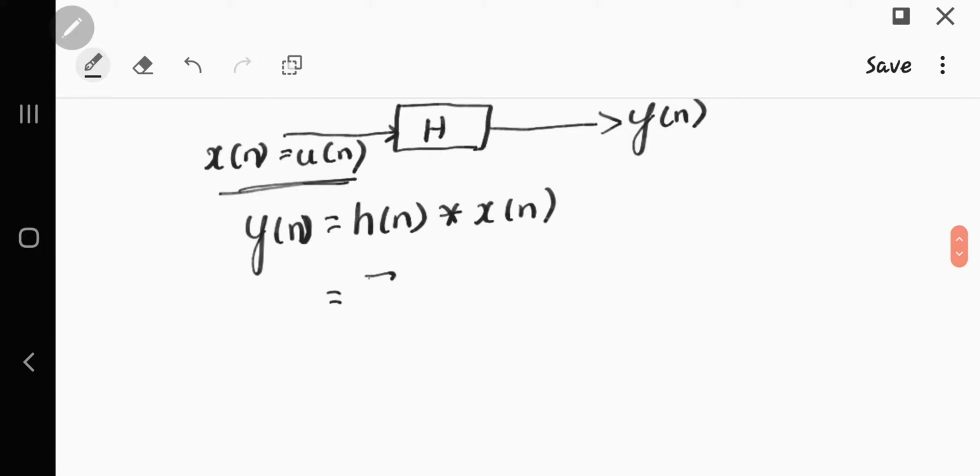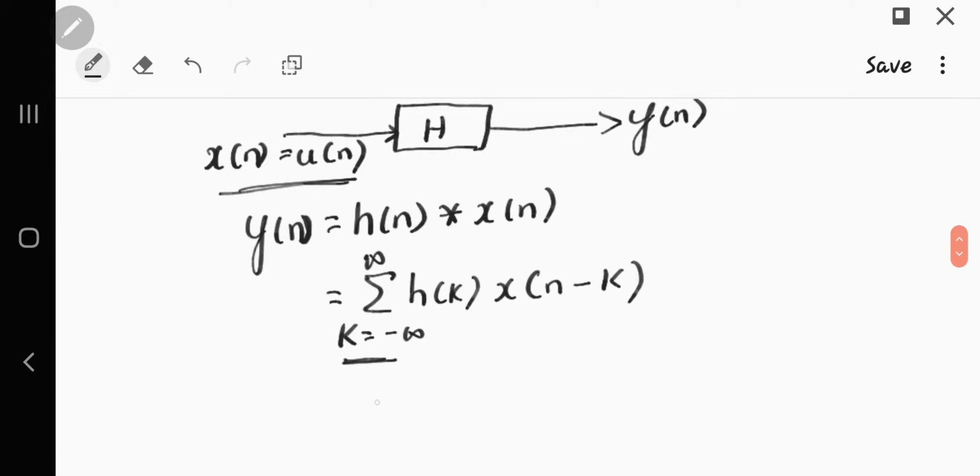So if you expand this in equation form, that will be equal to the sum for k equal to minus infinity to plus infinity of h of k x of n minus k. Now observe here the values in the summation will be given to k, but finally we want y of n, the entire signal with the time index n here.